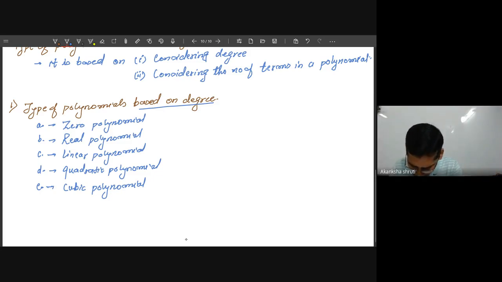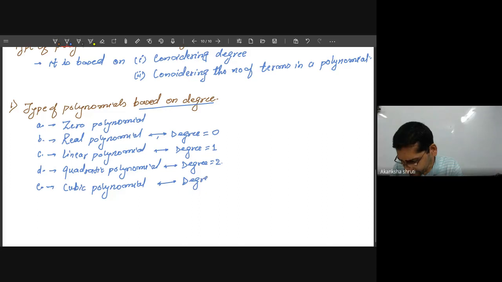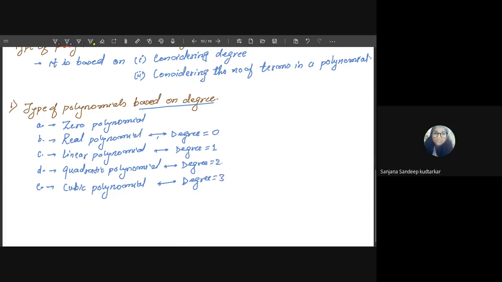If the degree is 0, it is called a real polynomial. If the degree is 1, it is called linear. If the degree is 2, it is called quadratic. If the degree is 3, it is called cubic.